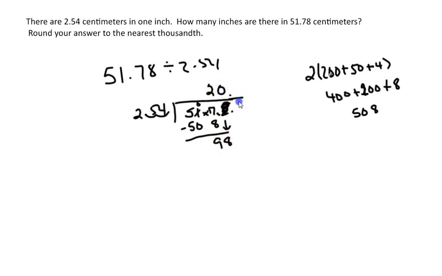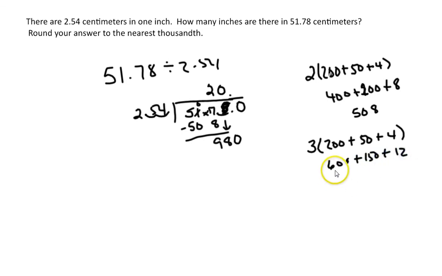So now I have to create another place value by adding a 0. So I'm going to try and find out how many times 254 goes into 980. I'll try 3 times. So that's 200 plus 50 plus 4. So that makes 600 plus 150 plus 12. So this becomes 750 plus 12 makes 762.